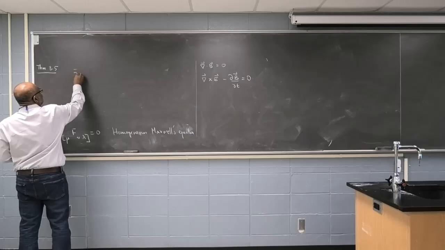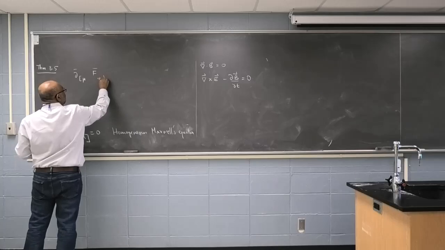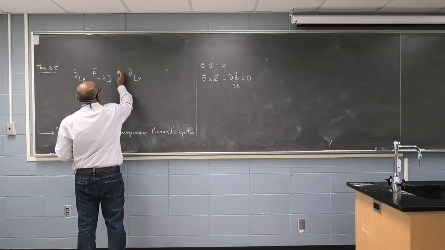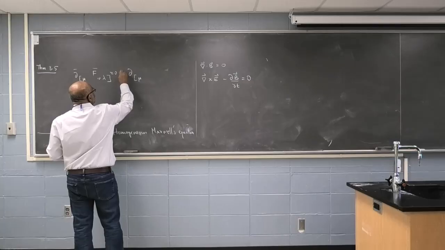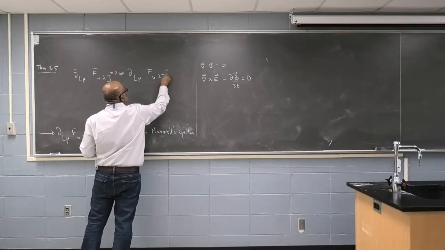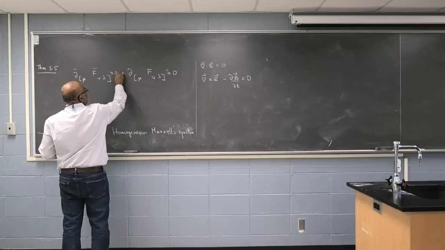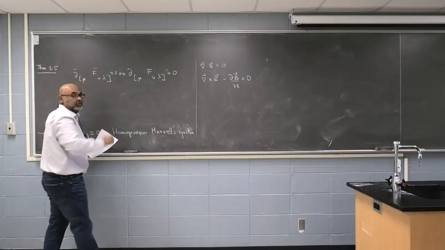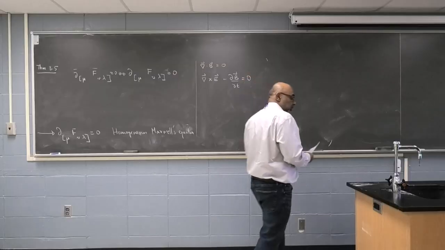And I think I stated it this way: equal to 0 implies, well, both ways. They're equivalent. So that means the result is independent of the Lorentz frame.